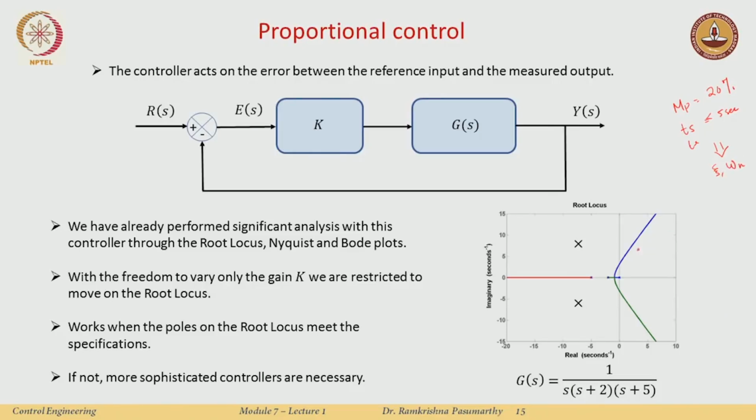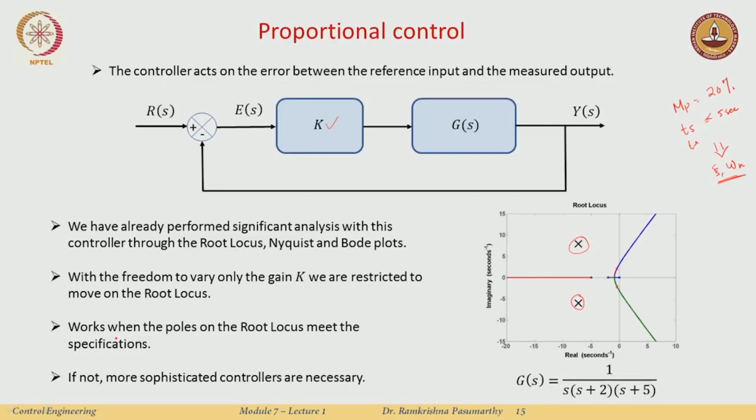Now, I keep on moving my gain from 0 and see at any point of the root locus if these specifications are met, if these are my dominant poles. If it is met at this point and this point, then I say yes, I can just adjust the gain and that value of gain k would sit in the controller and do my objectives. But if this zeta and omega n translate to this pair of dominant poles, then no matter whatever I do with my gain, I am never here.